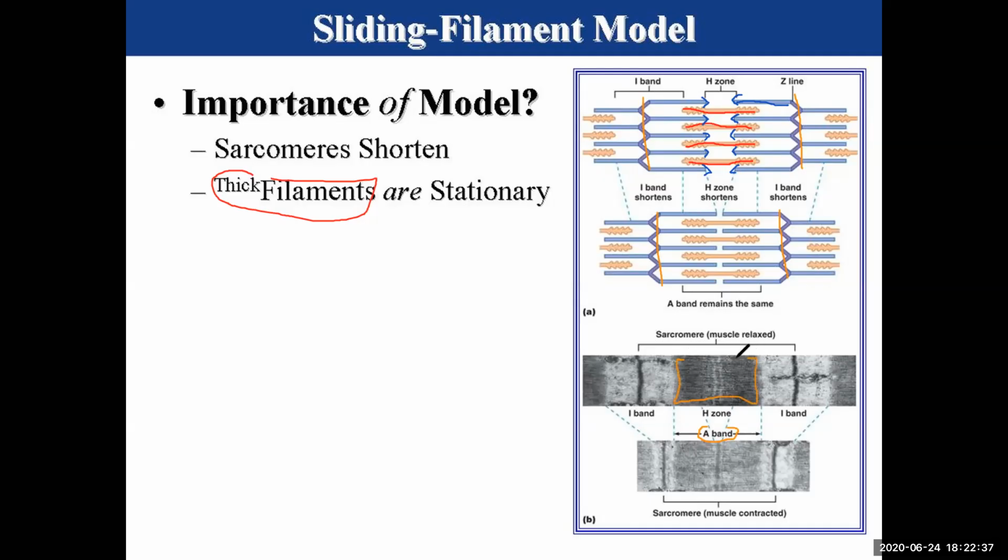It looks darker because you have an overlap of both thick and thin filaments. Whereas the I band over here, you only have thin filaments. There's no overlap, right? That I band is only thin filaments, no overlap. But the A band, so this is the I band, this is the A band.